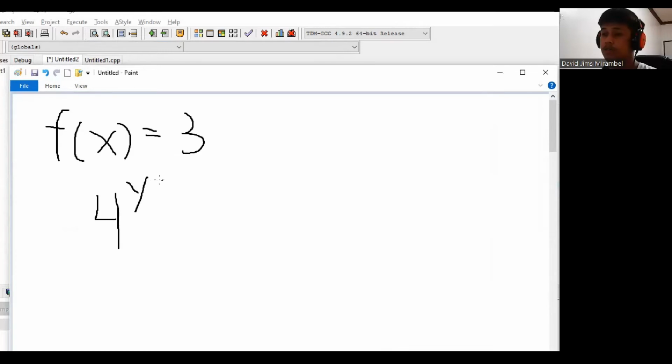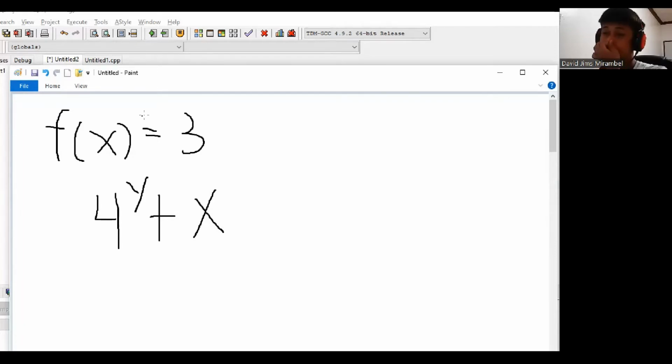For example, you need to find the value of x. It's going to be, plus x. We can use the execution list as a reference in solving such equations.